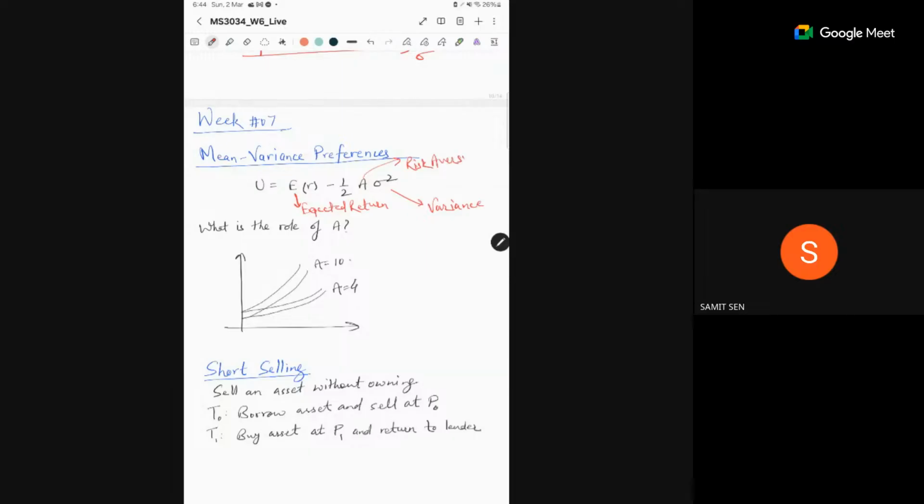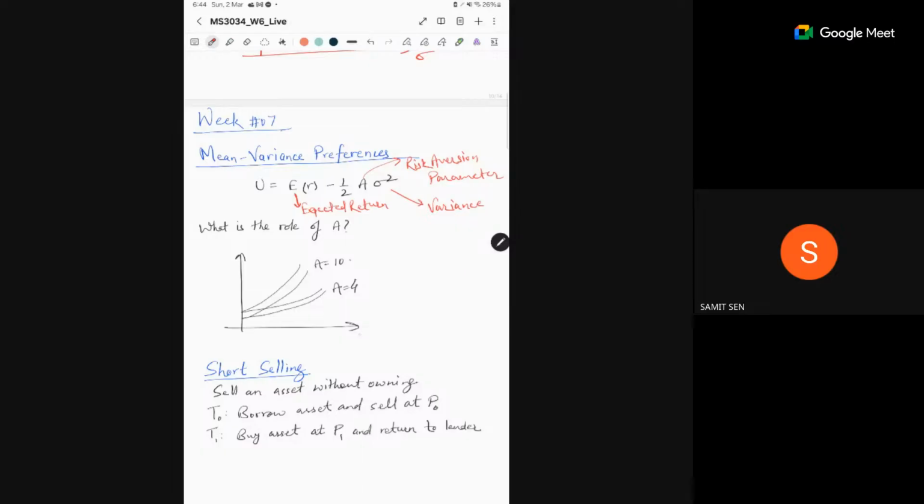Why aversion? Because this is with a negative sign of the variance. Variance, as we earlier discussed, is a measure of risk, and this parameter is coming with a negative sign. So this is measuring the individual's aversion against risk. That's why we call it the risk aversion parameter. And what is the role of this parameter? How does it impact your indifference curves?